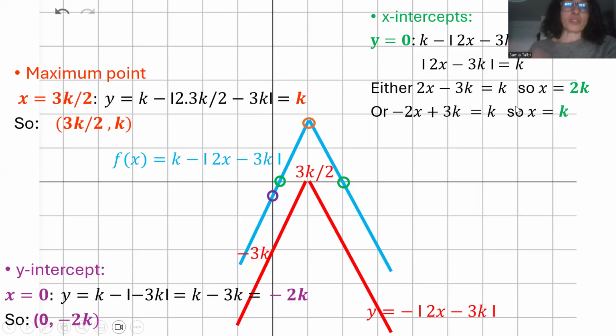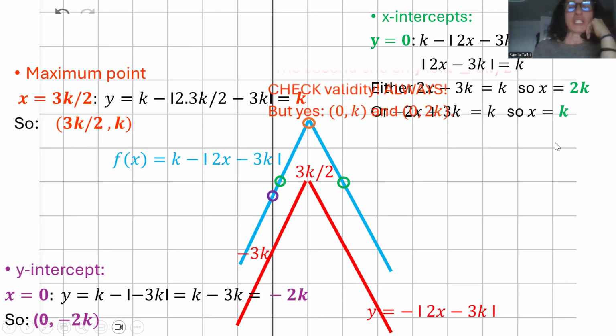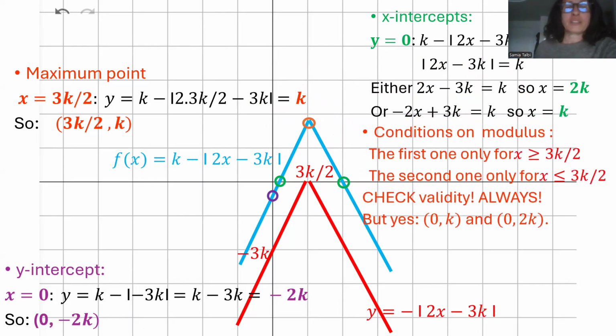And of course, it's always good to check this against the graph. We have two x-intercepts. One x-intercept would be for k, the other x-intercept would be for 2k, and the y is 0. Looks good. The only thing that's missing here that absolutely will get you the last points and also prevent you from making mistakes, kind of arriving to false solutions, is to actually not forget the conditions on the modulus function.